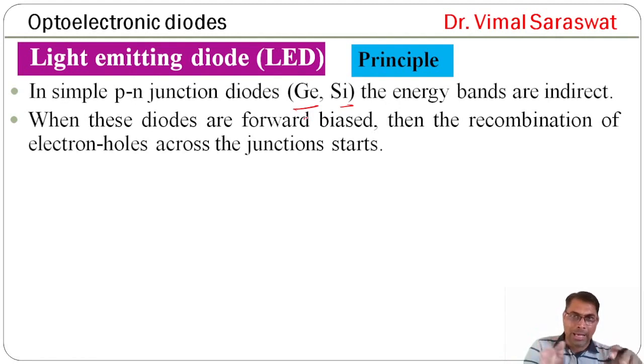When these diodes are forward biased, then the recombination of electron holes across the junction starts. Now, we connect a simple PN junction diode in forward bias, then what happens? The recombination of electron hole across the junction starts.